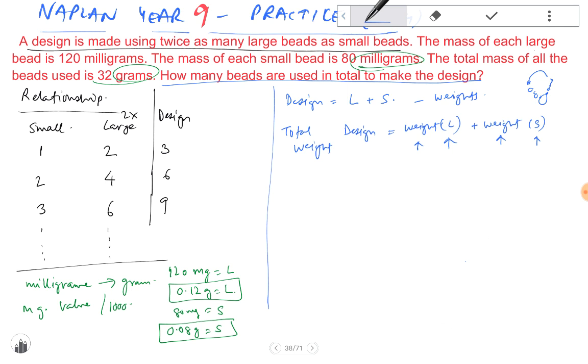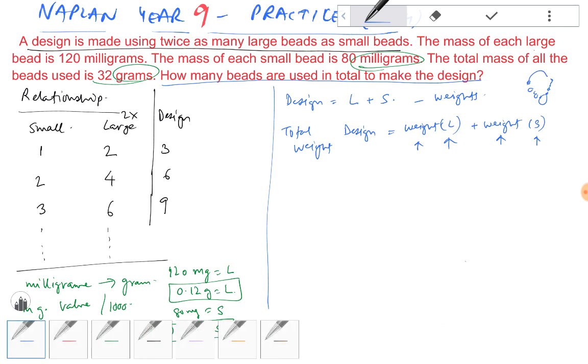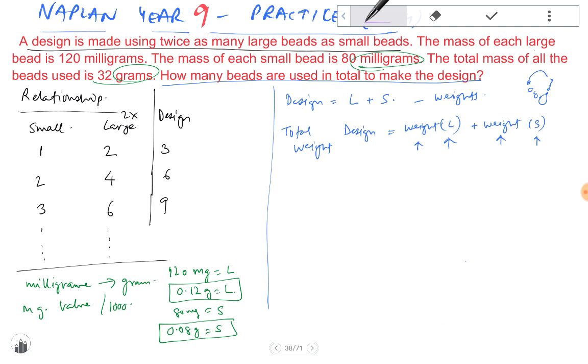If we come back to our first part of the problem, we can deduce that the large beads that we need to use will be 2 times. So if you made the assumption that small beads is equal to x beads, then the large beads to be used in the design would be 2 times x.